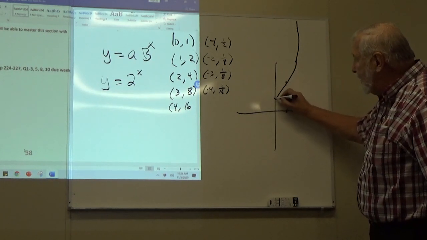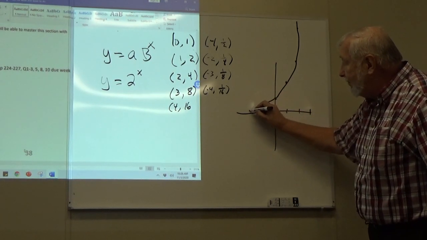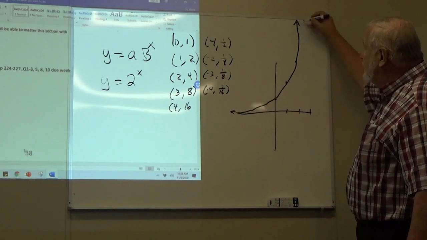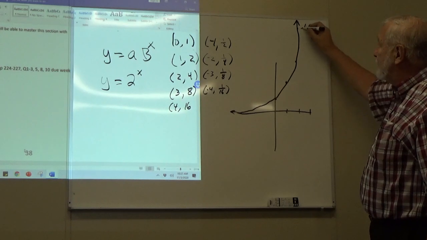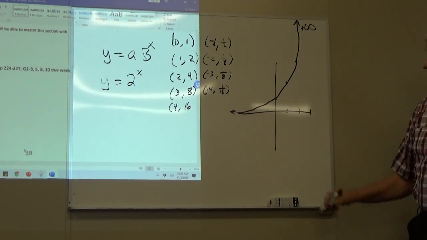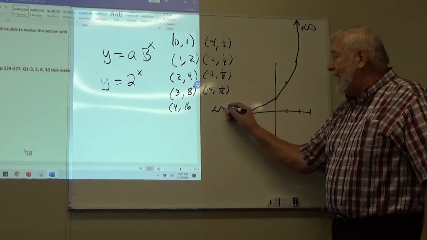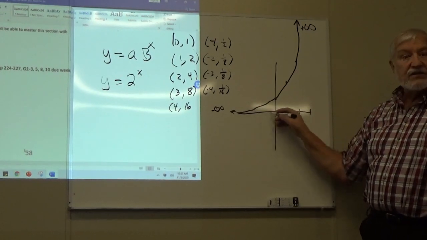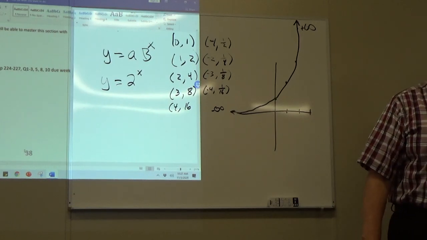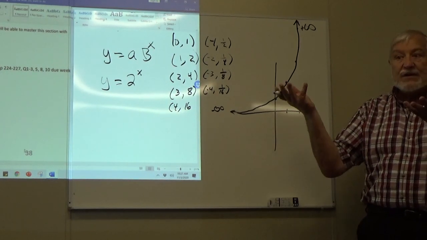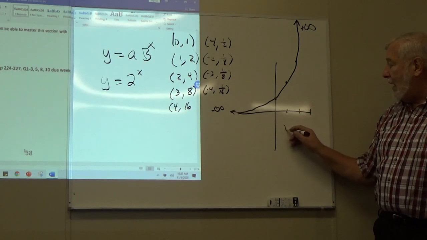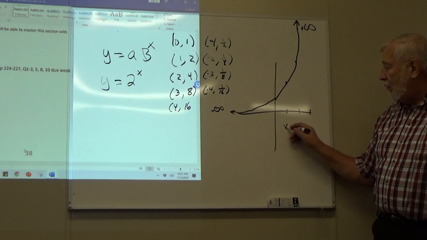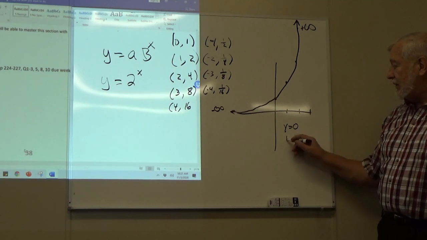But when I'm at negative 1, I'm at 1/2. So this end goes up to positive infinity. This end goes to negative infinity along the x, but I never touch the x-axis. So the whole graph is above it. So y equals 0 is an asymptote.